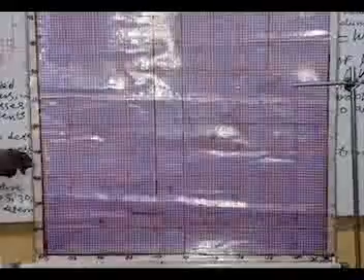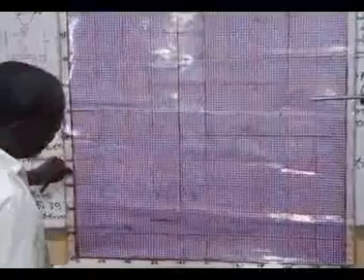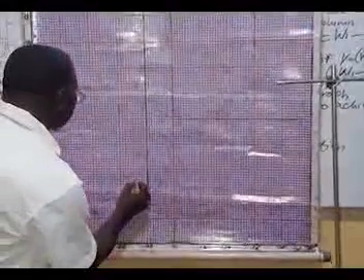0.05 against 0.07, then 0.07 against 0.09. 0.09 will be in between 0.08 and 0.10. This one is here.